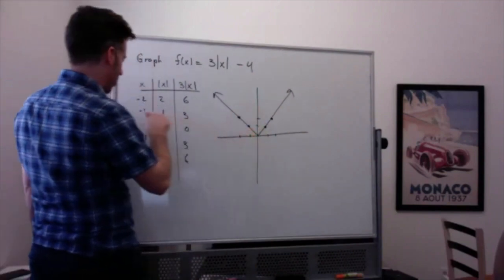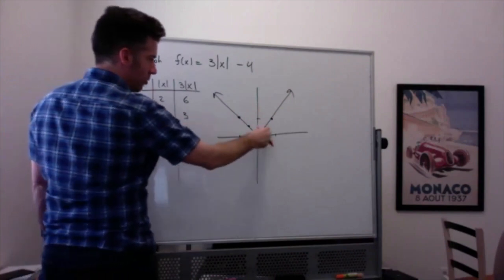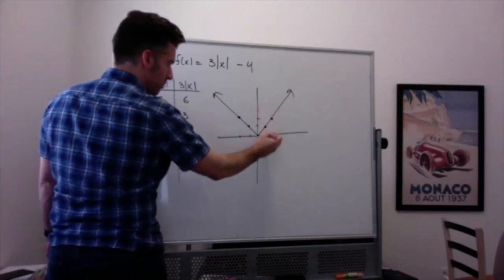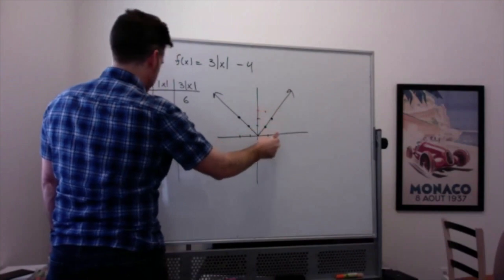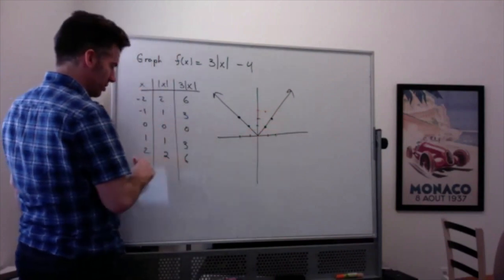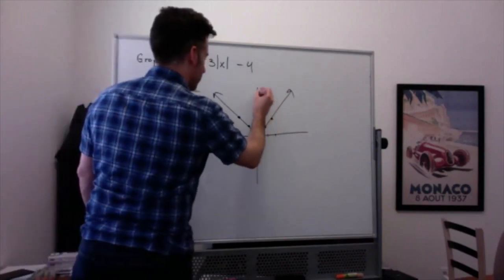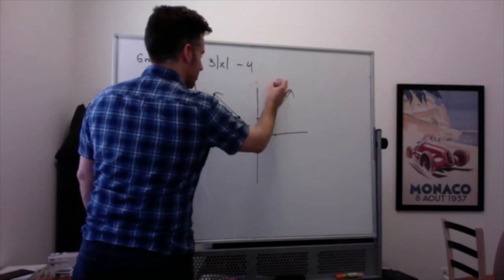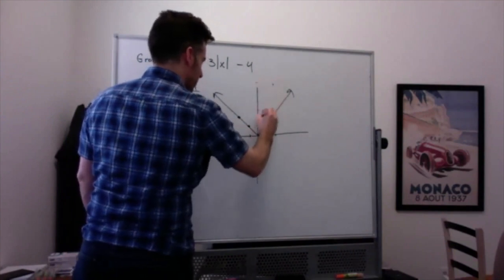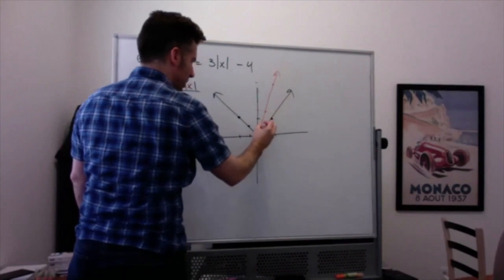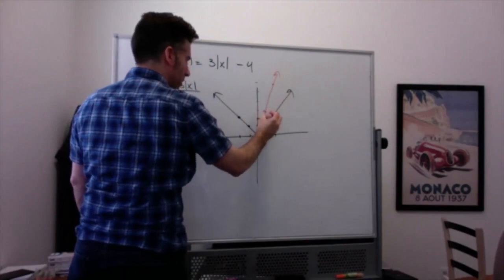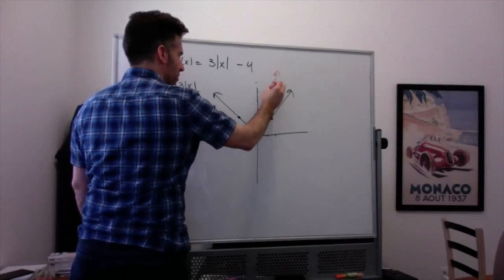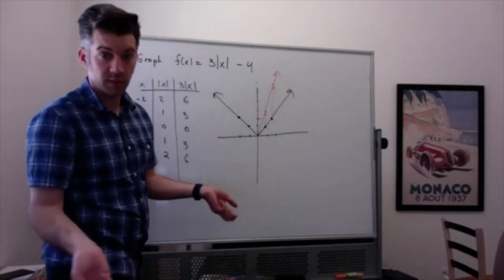So instead of getting (1, 1), I'm going to get (1, 3). Instead of getting (2, 2), I'm going to get (2, 6). And so each of these points is getting pulled upwards, or I should really say stretched upwards, by a factor of 3.